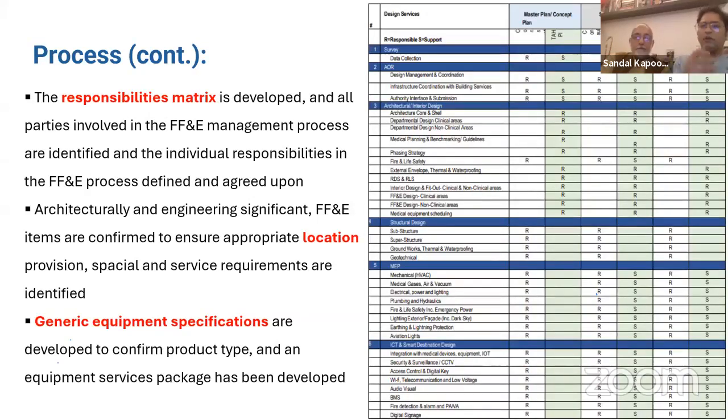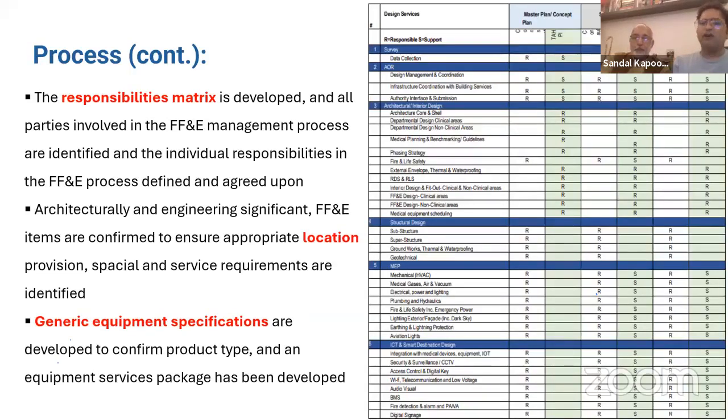After that, we'll prepare general equipment specifications. Once the spatial layouts are in place, the schedules are in place, all stakeholders are on one page, then we'll prepare generic equipment specifications to confirm the product type. Like an X-ray machine, we may have n number of vendors for a similar kind of machine.